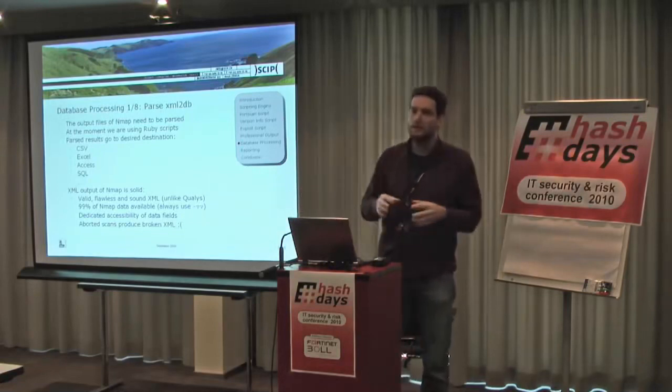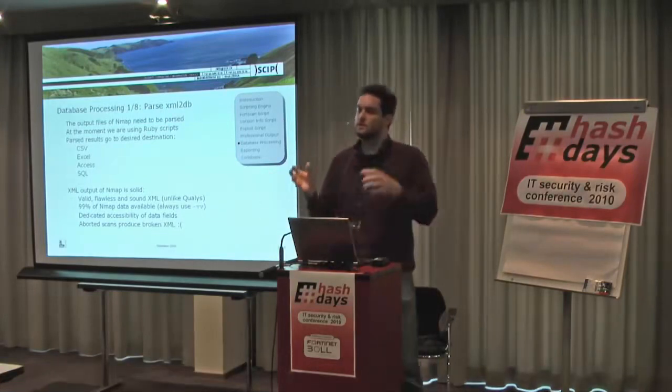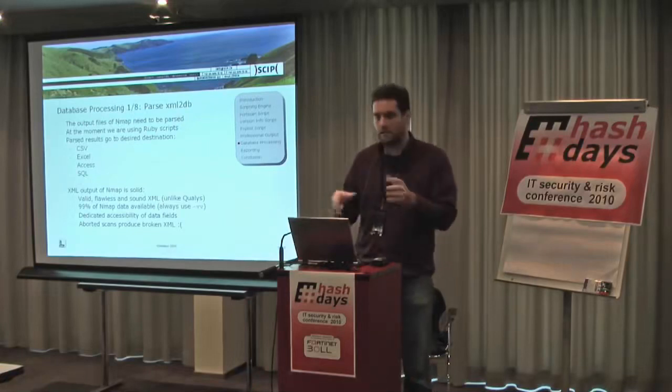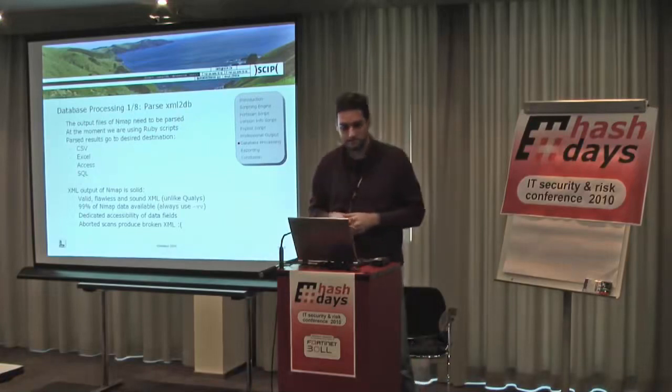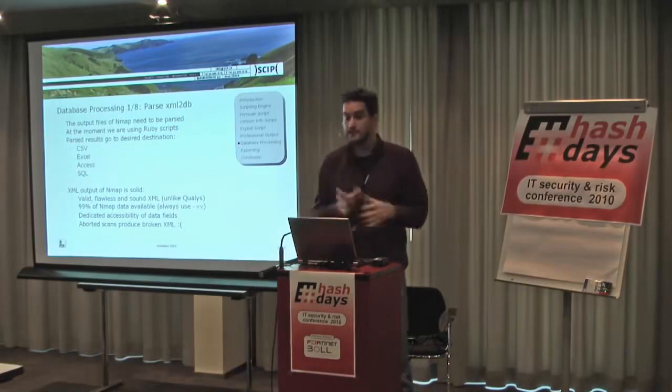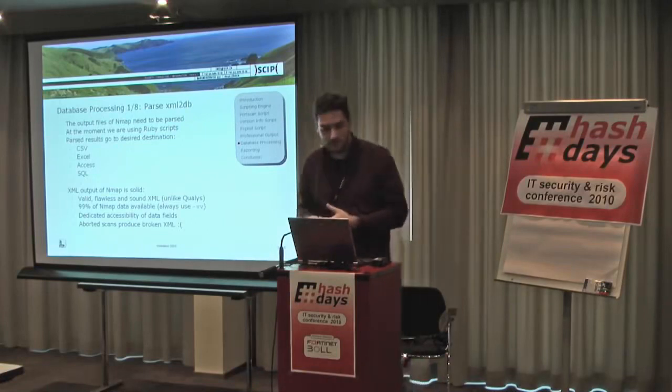For example, this might be a false positive, or you might have to verify this with some additional tests or whatever. Then I have to say the XML output of Nmap is very, very solid.